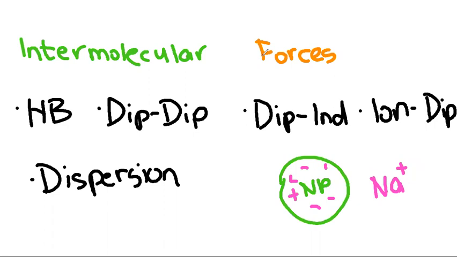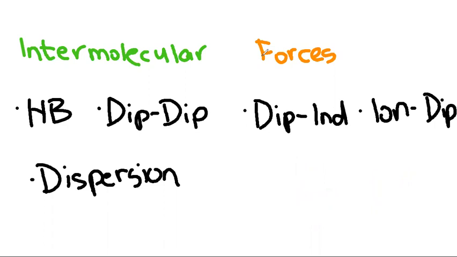The best way I can explain dispersion forces is by giving you an analogy that my professor gave me when I was in Gen Chem 2. Imagine you have a gym class of students, and they're all running. Maybe I'll do a little drawing here just for fun.